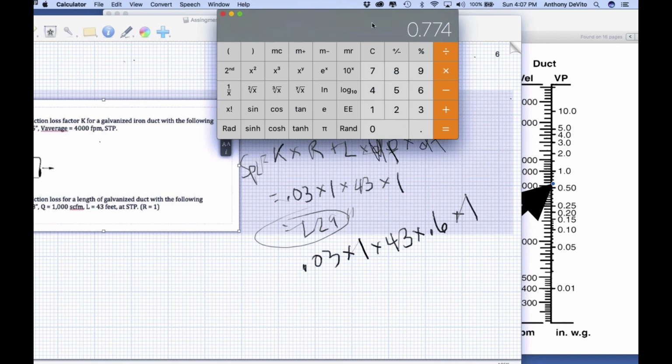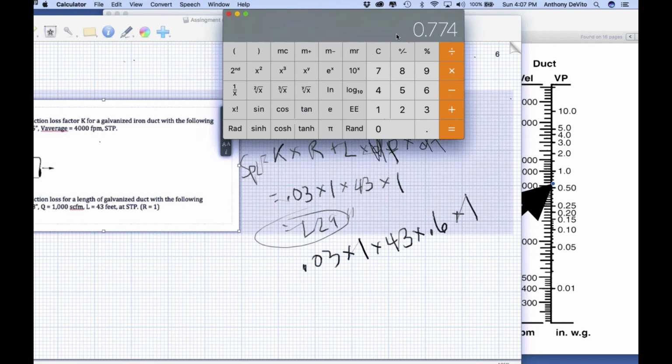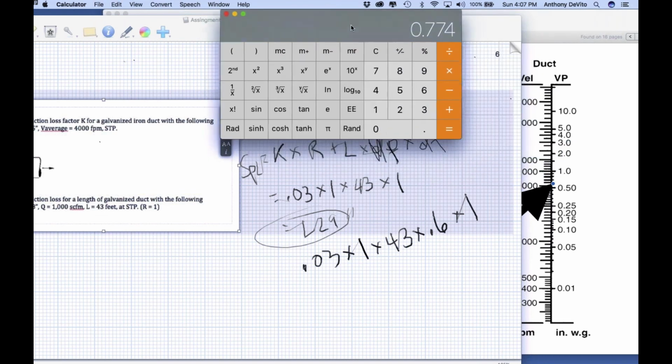Depending on if, instead of using the chart, especially with that wide line that I'm using, I might have wound up with a little bit more precise number if I had done the calculations using the velocity pressure formula and so on. But you could do it either way.